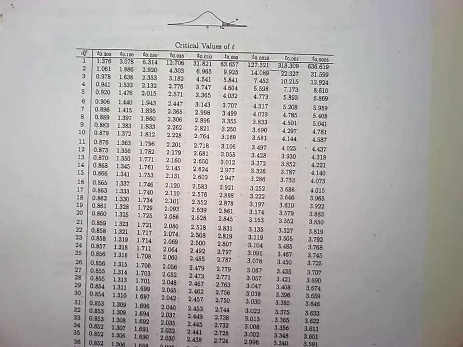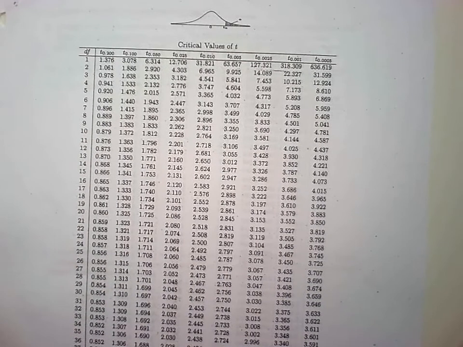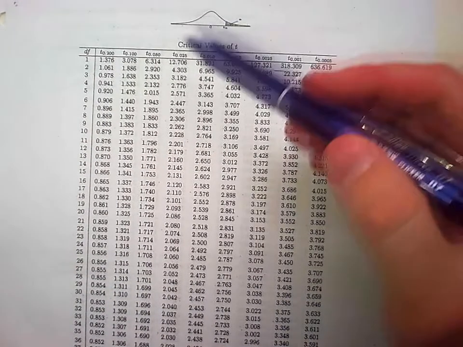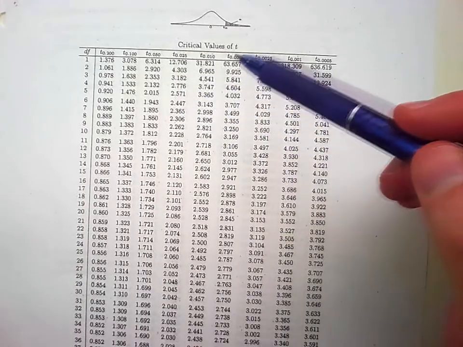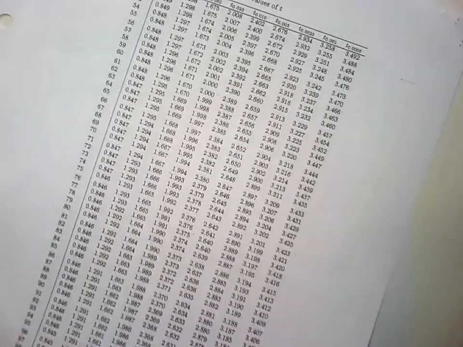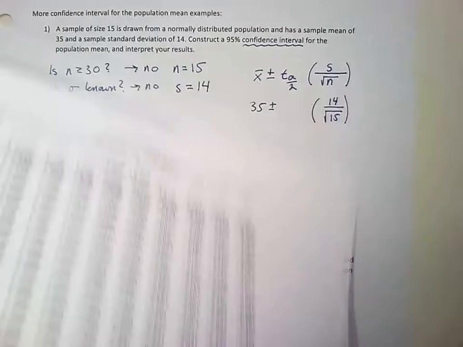This is our table for the critical values of t. And I'm going to post this to Canvas. If you go to Files on the Canvas page for this class, I have posted this table on there for you. And just like the Z table, this table has two sides to it. Here, this is the front side. Here, this is the back side.